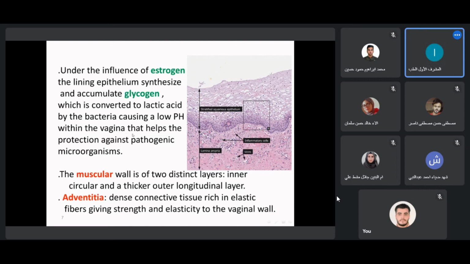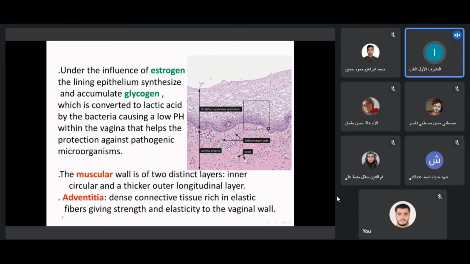Therefore, it's recommended not to use any form of vaginal wash that can disturb the normal bacterial flora and the normal low pH. This will cause thriving and growth of the pathological type of bacteria causing infections.